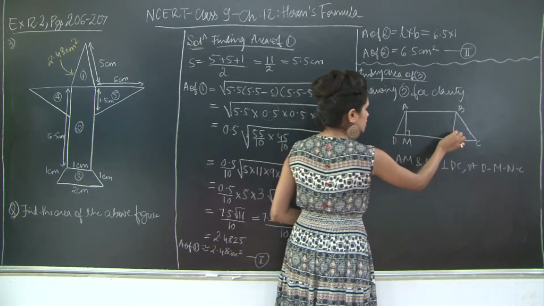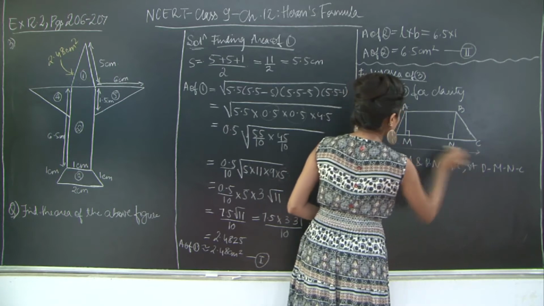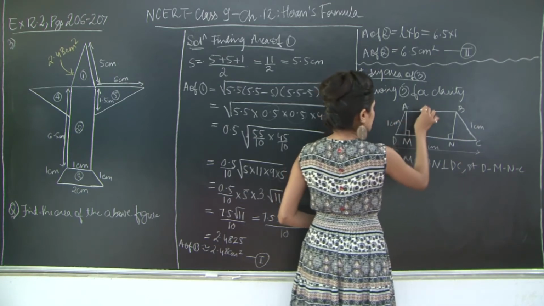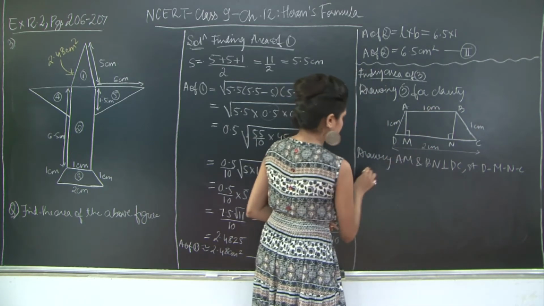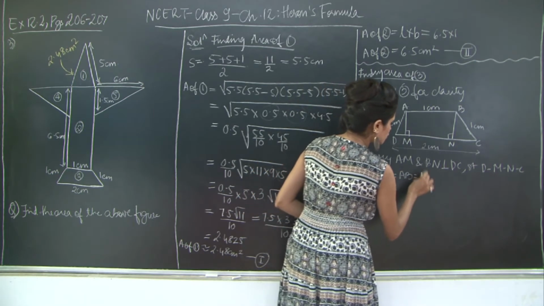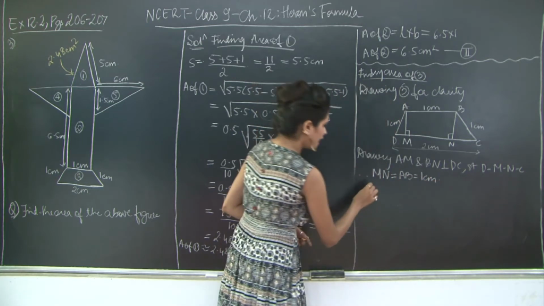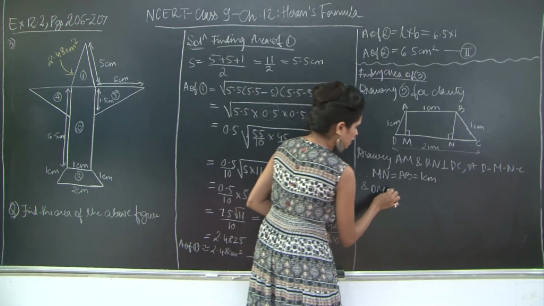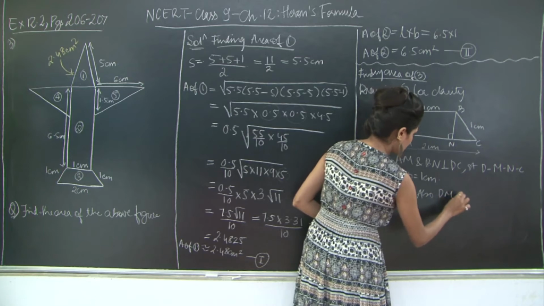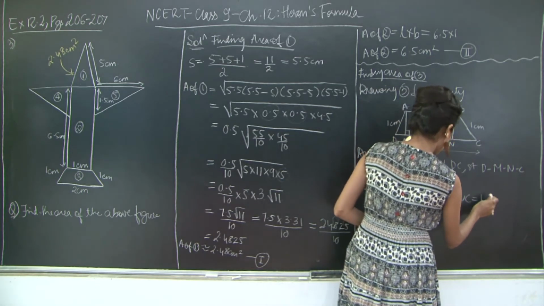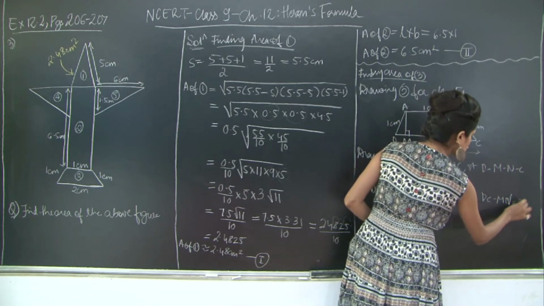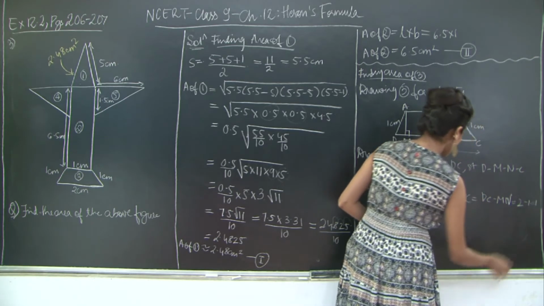So these are perpendiculars. Now we had this entire length as 2. This is 1 centimeters, this is 1 centimeters, this is 1 centimeters. Therefore, you have MN is equal to AB, which is equal to 1 centimeters, correct? And DM is equal to NC, also DM plus NC is equal to DC minus MN, which is 2 minus 1, which is 1 centimeters.